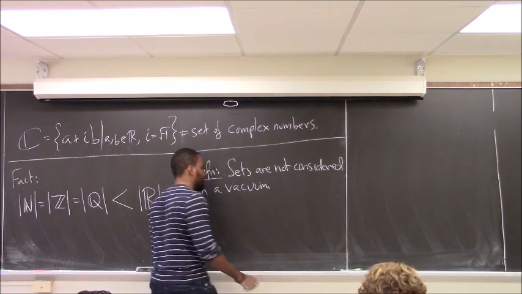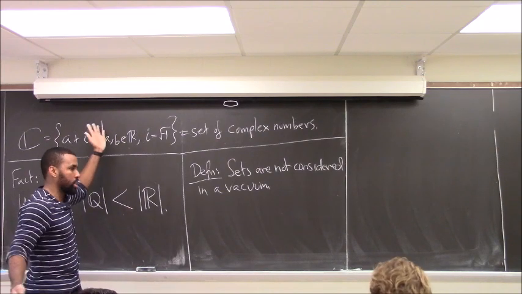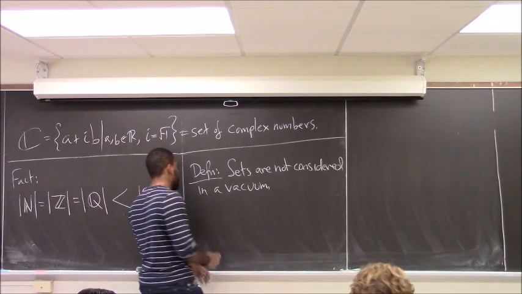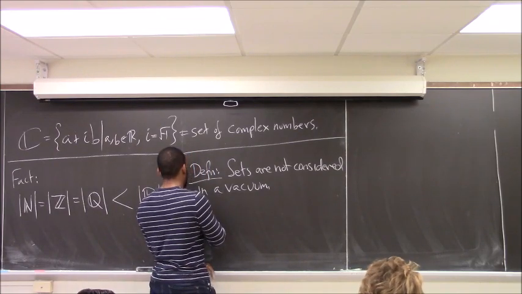We don't consider sets in a vacuum. Every set is always thought of as being a subset of some other set. There's this mysterious big set in the background that contains everyone that we want to consider.